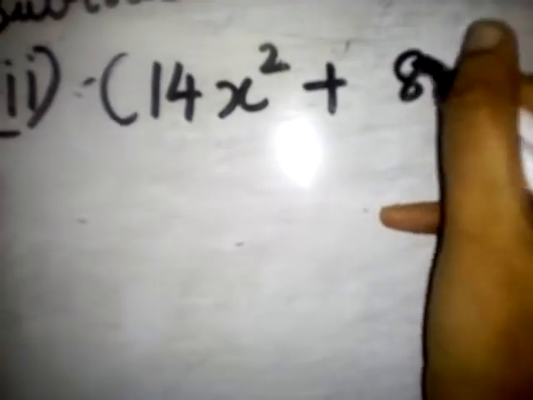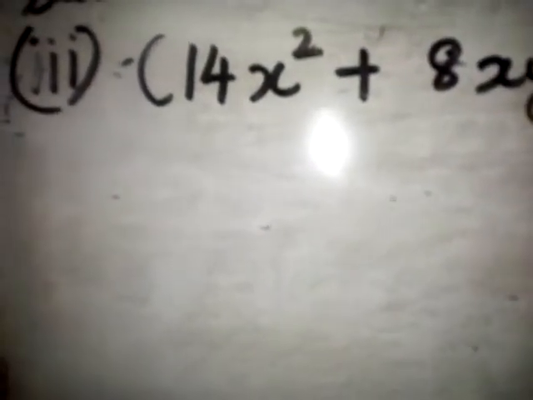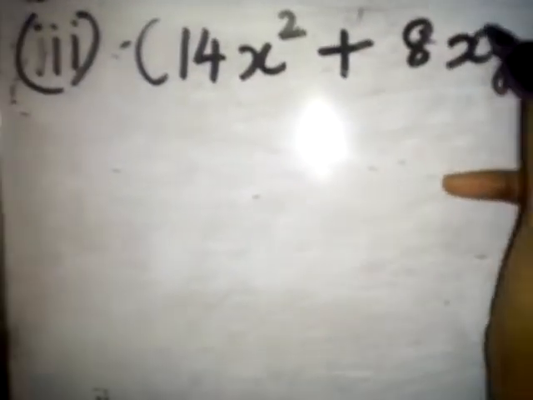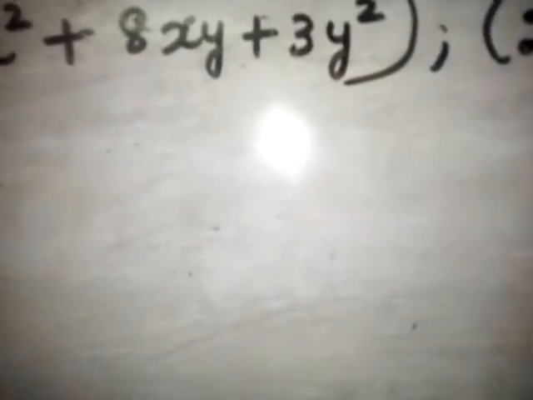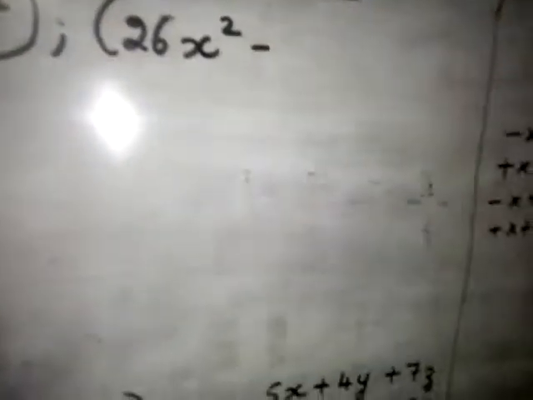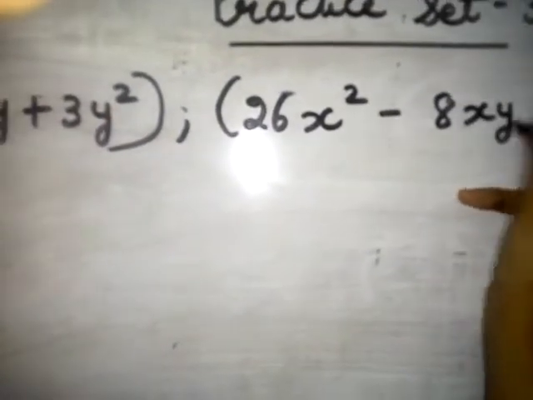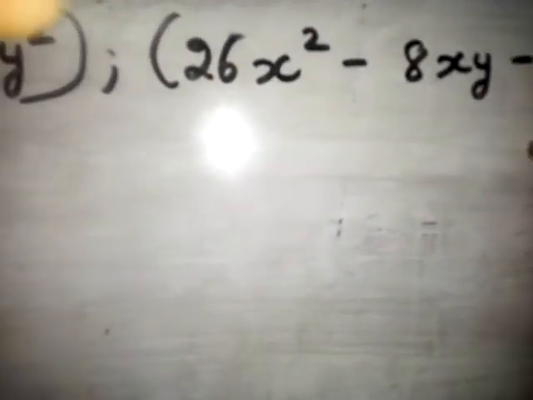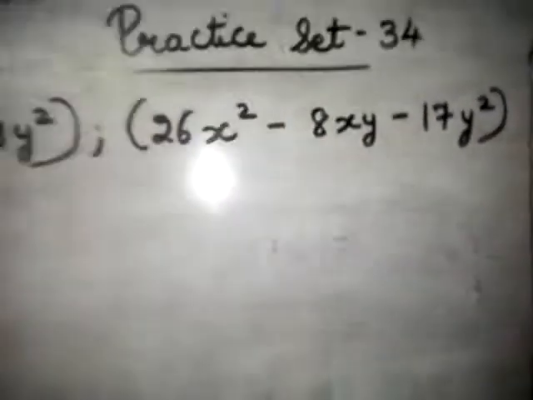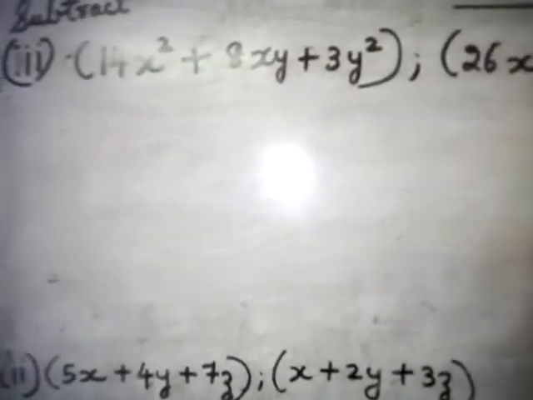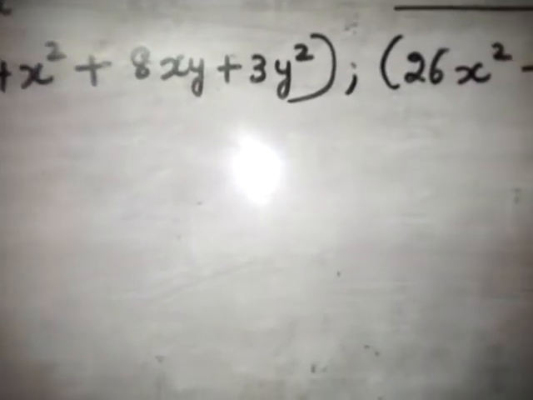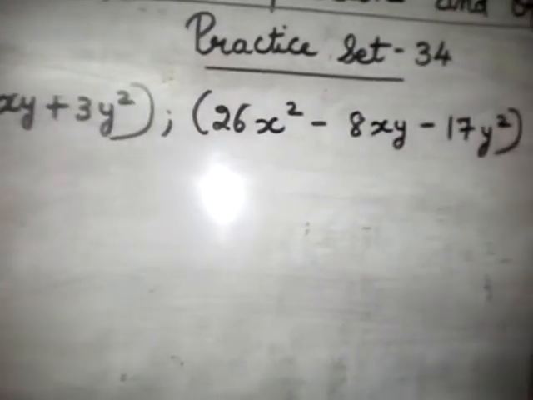Third one. Look at this third sum question. 14x square plus 8xy plus 3y square, comma, 26x square minus 8xy minus 17y square.